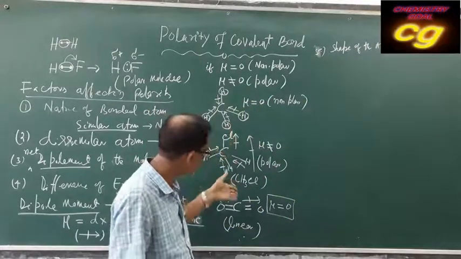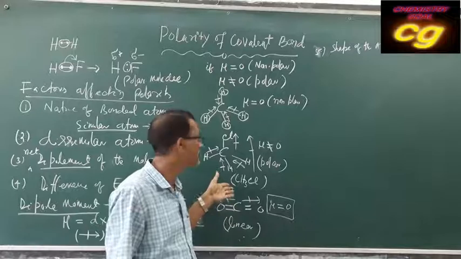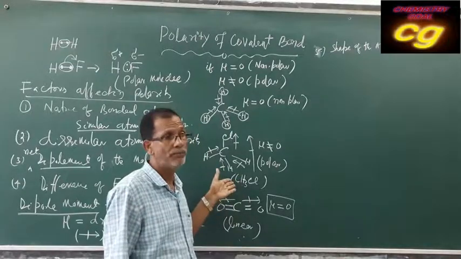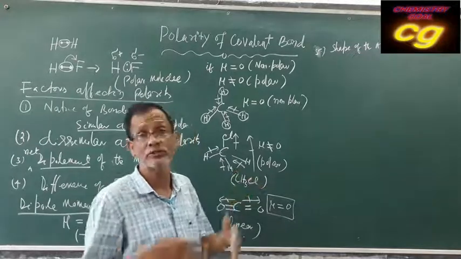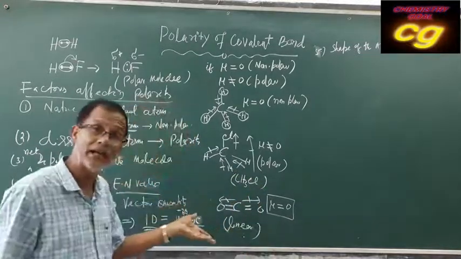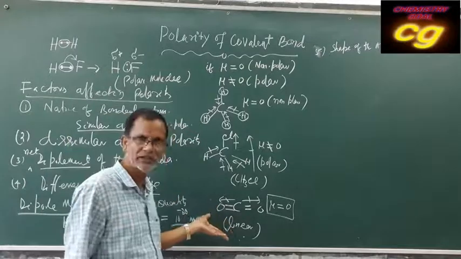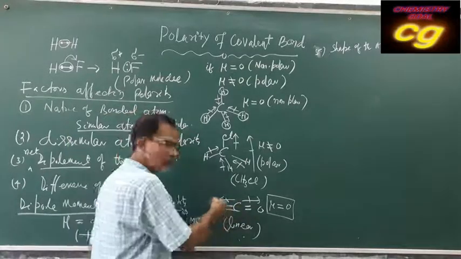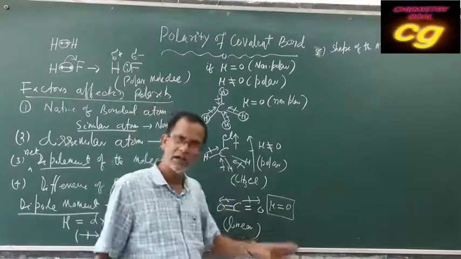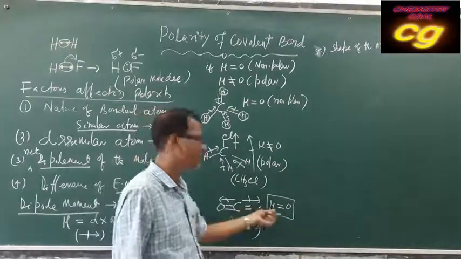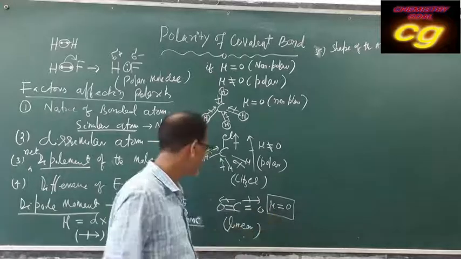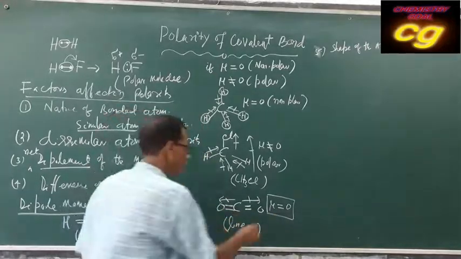You can understand this if you know the parallelogram law of vectors, vector addition and subtraction from physics. So equal vectors in opposite directions cancel each other, and carbon dioxide is non-polar.